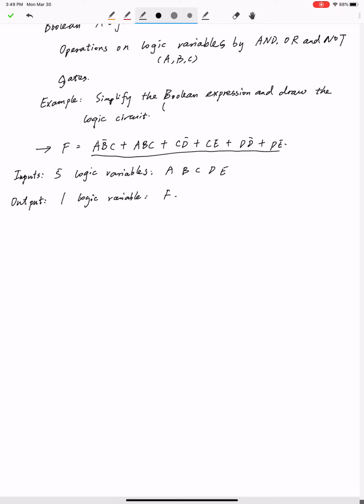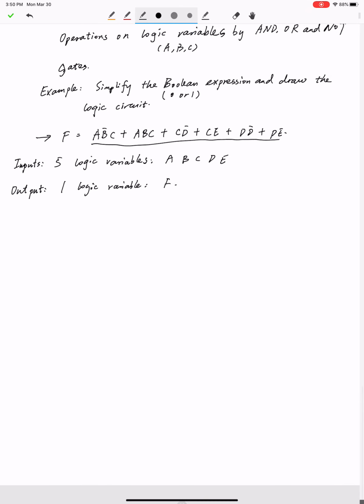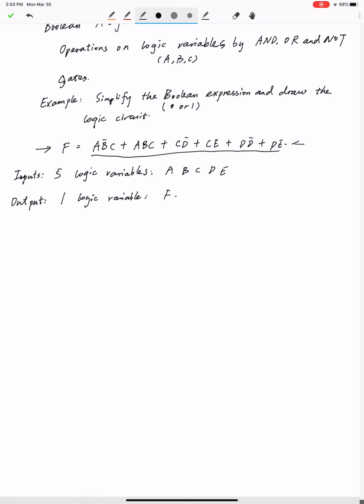It could either be 0 or 1. So Boolean expression basically is not a new concept. It's very similar to digital expression or the logic expression. All right, so let's look at this Boolean expression F.